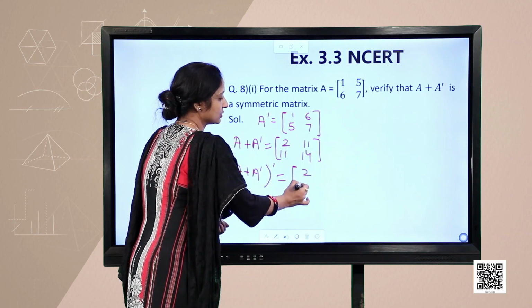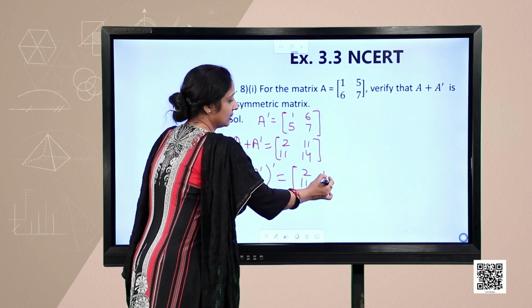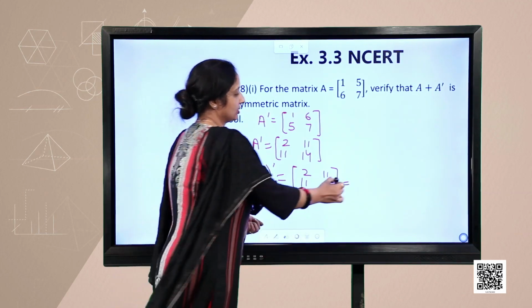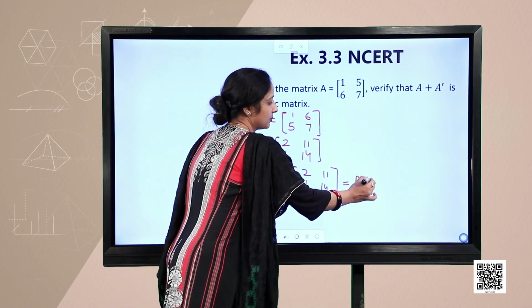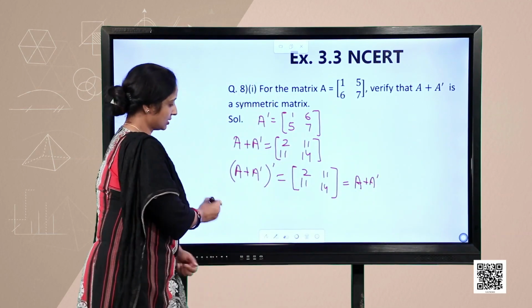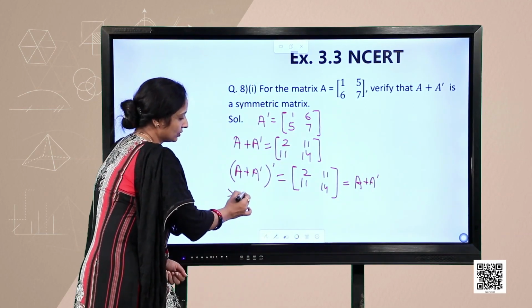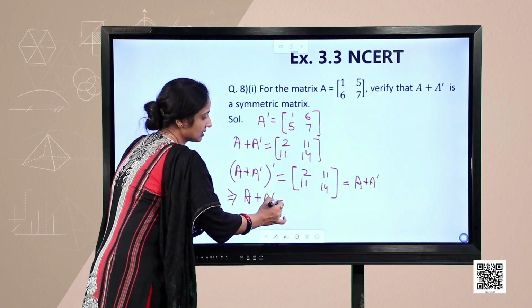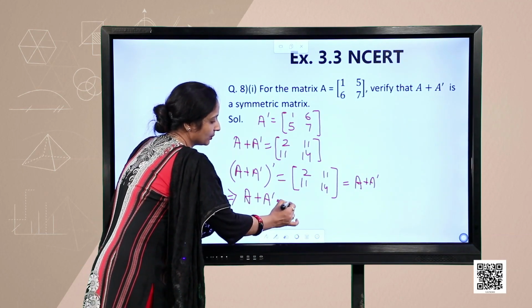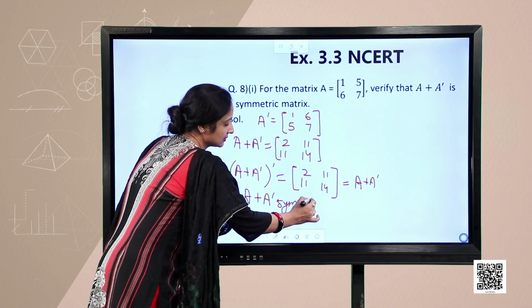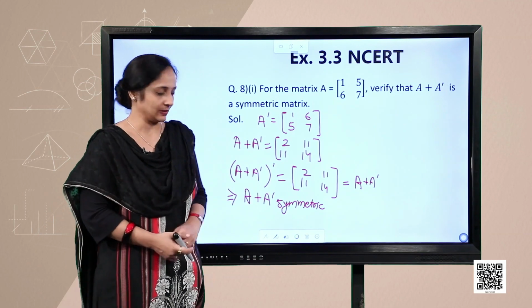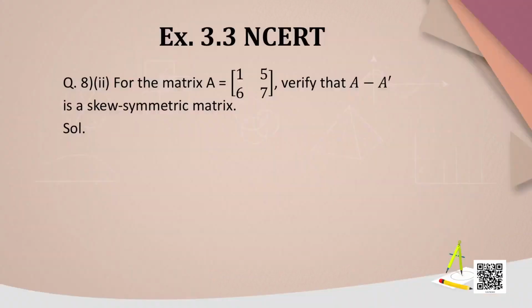This is coming as 2, 11, 11, 14, which is equal to the matrix A plus A transpose. So, you can conclude that the matrix A plus A transpose is a symmetric matrix for this matrix A.